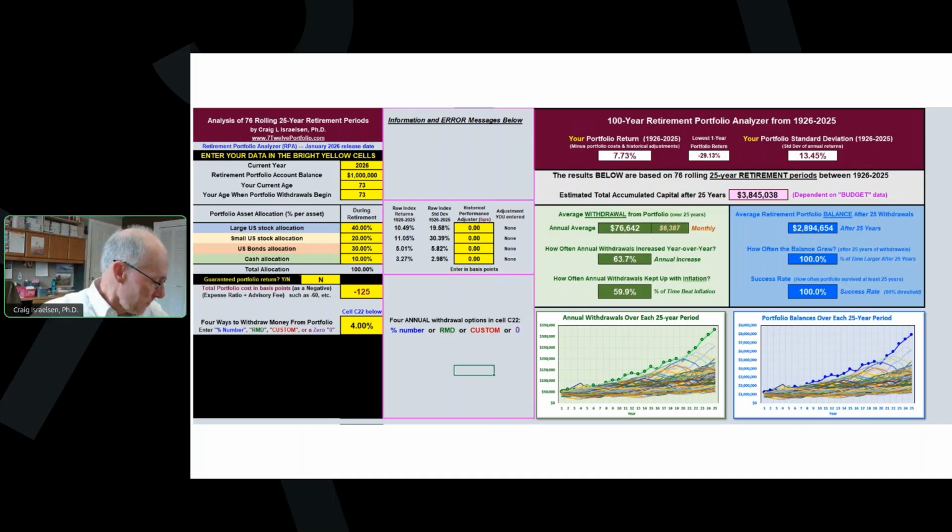What we worry about is the sequence of returns risk, meaning the year that we start withdrawing money, the stock market crashes. That's what we still have worries about. So then the question is, okay, while that's distressing, does that sink our plan? Are we just toast? The answer is no, because that's what's been analyzed in front of you.